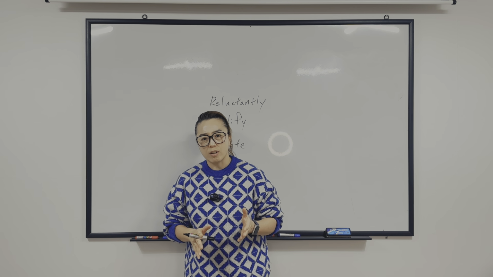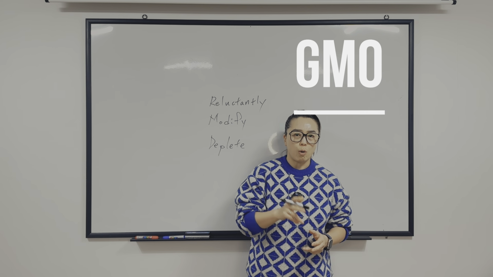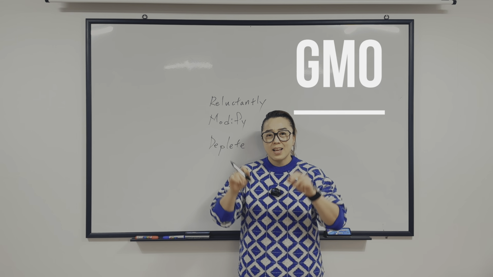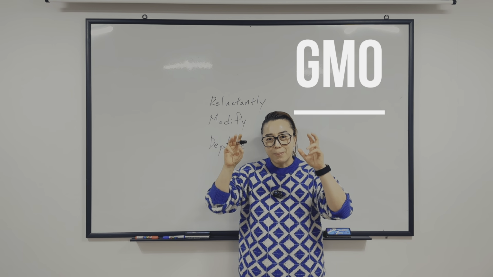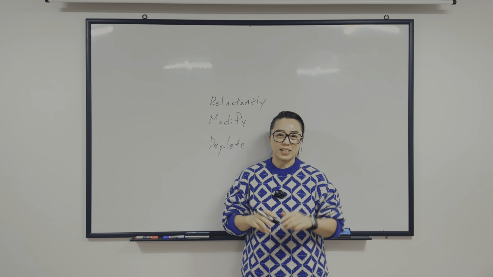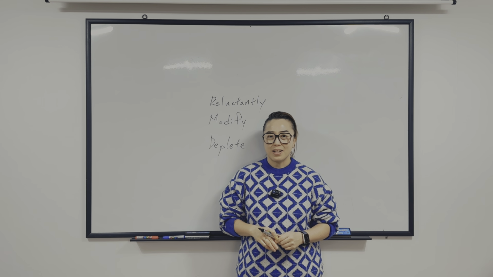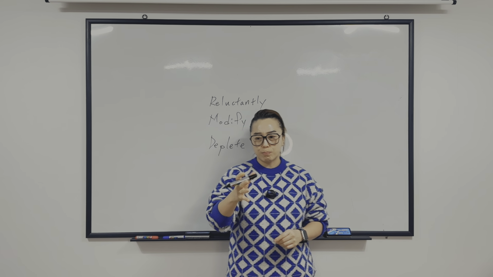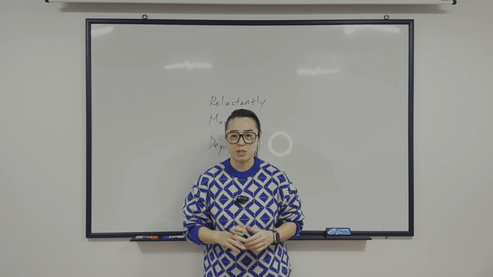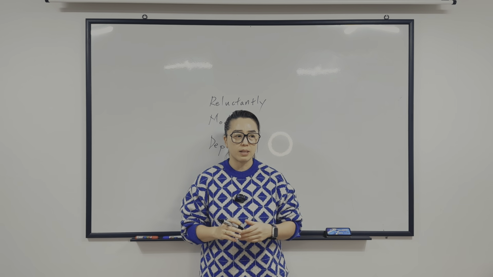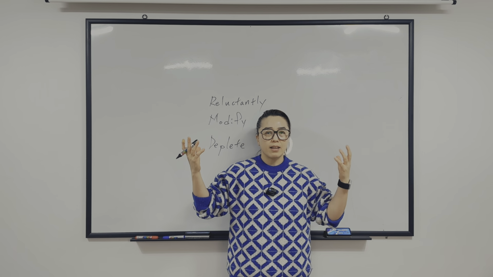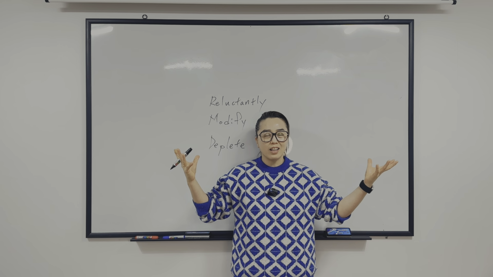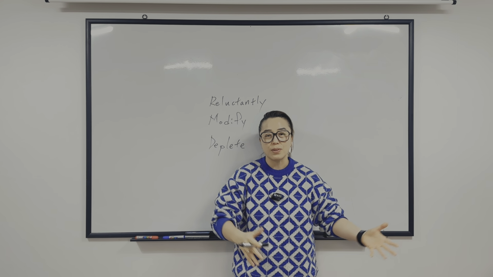Have you ever heard of GMO? What is a GMO? Genetically blank organism. Let me just repeat myself one more time. GMO, you have probably heard of this somewhere else, especially in the news, with this high-savvy technology that we have in biology.